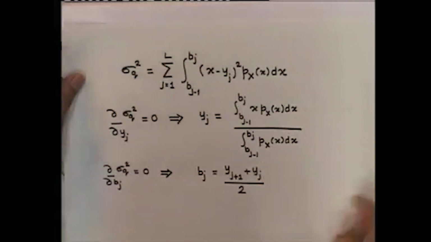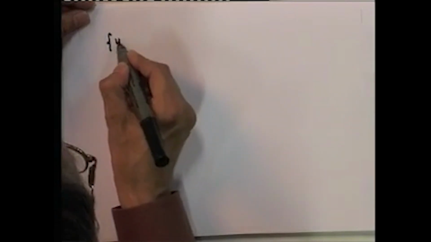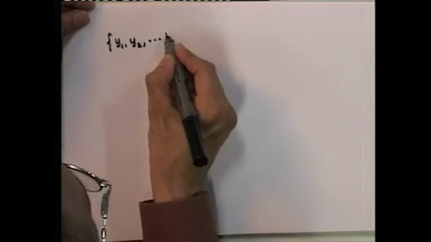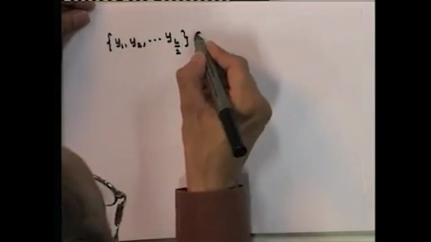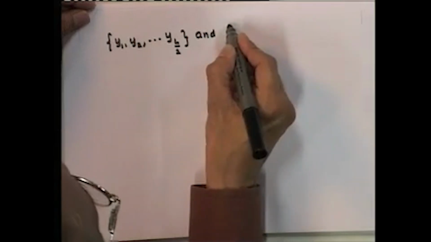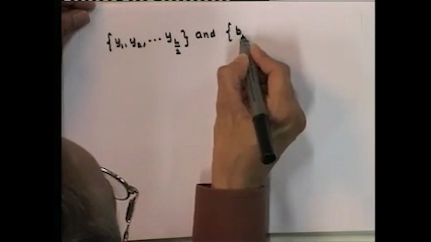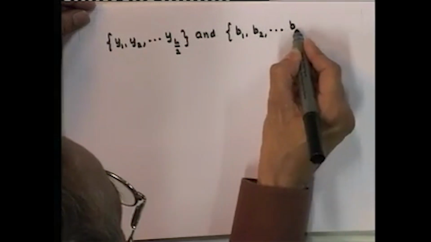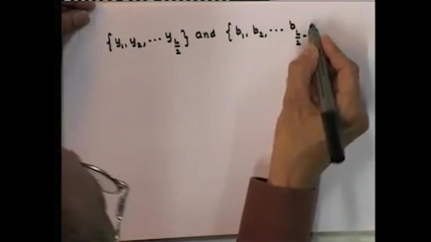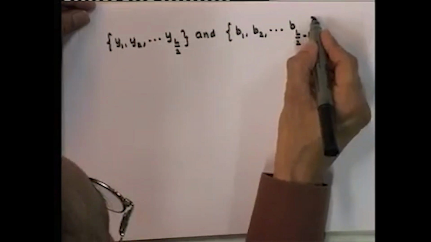We continue this process until we obtain values for y_1, y_2 up to y_{L/2}, and decision boundaries b_1, b_2 up to b_{L/2 - 1}.